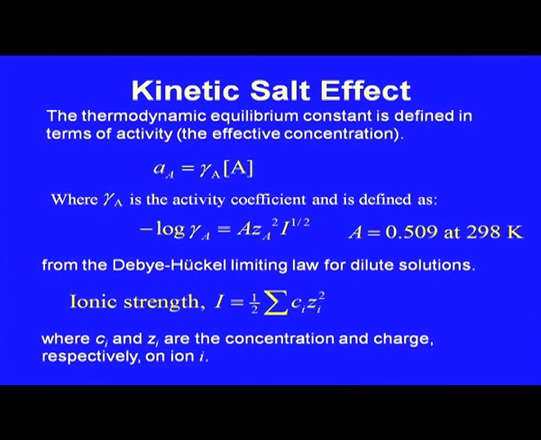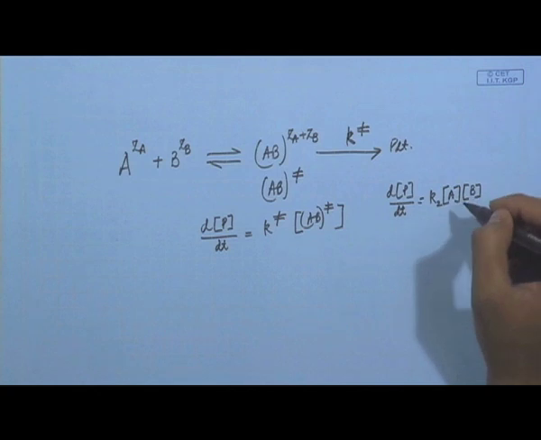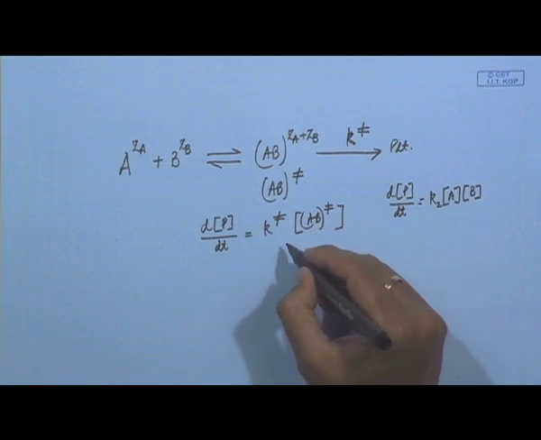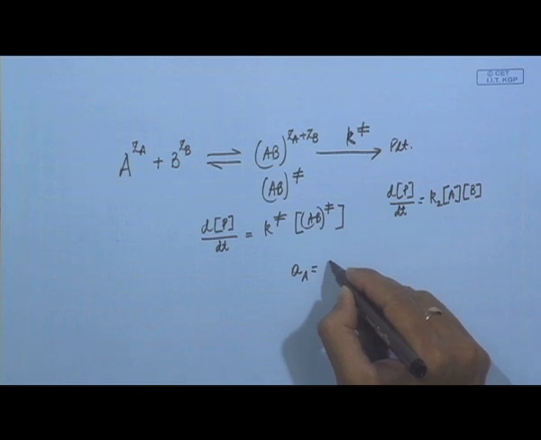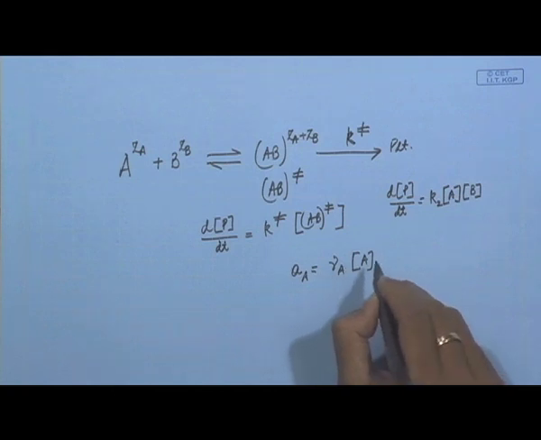The thermodynamic equilibrium constant can be expressed with the help of activity. Although for a dilute solution we replace activity by concentration, in the true sense we should use activity in place of concentration. So the activity of some species A is the concentration of A times gamma A, which is called the activity coefficient.